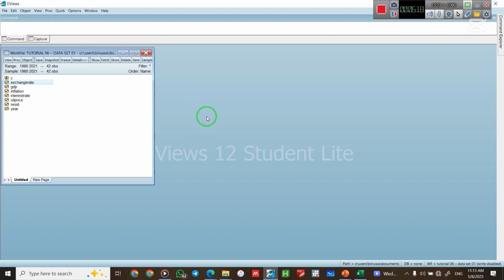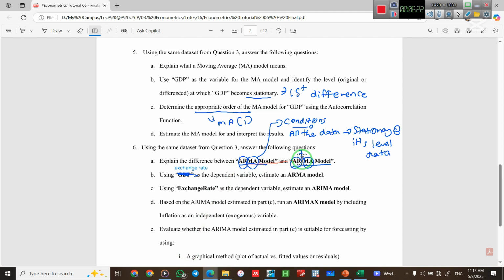So now we know that to run the ARMA model there is a special condition, that all the data in the model should be stationary at level data. We have checked that the exchange rate becomes stationary at its level data, so now we can run the ARMA model, right?